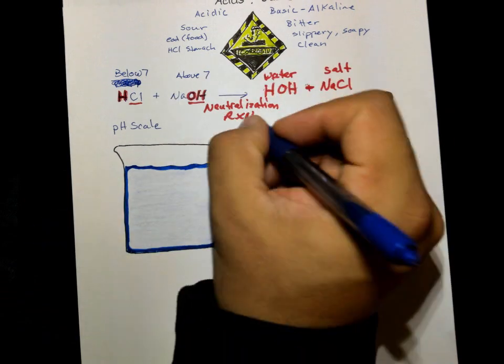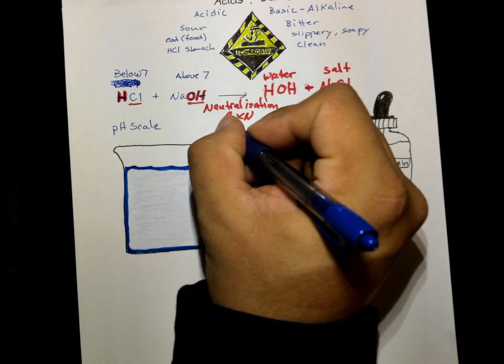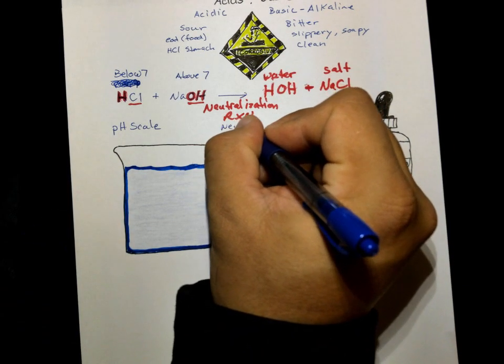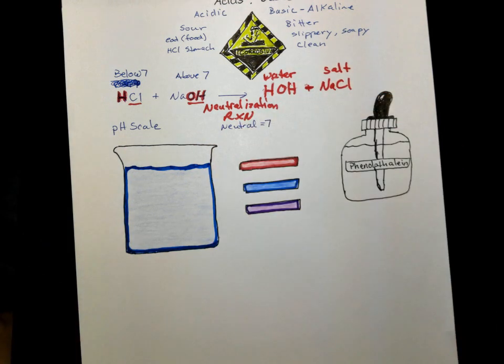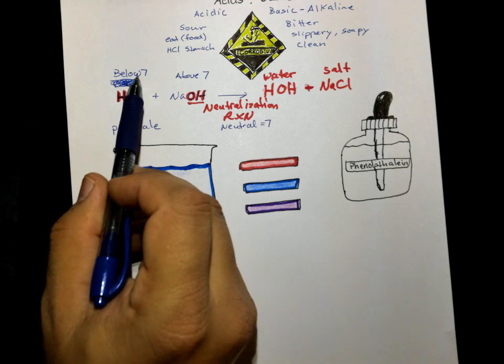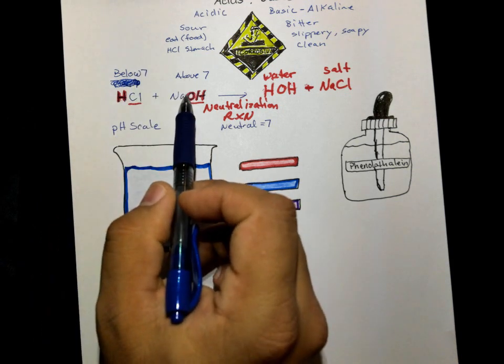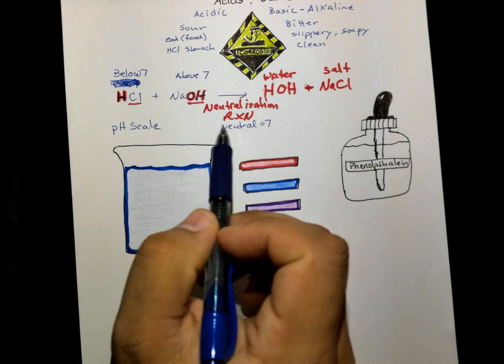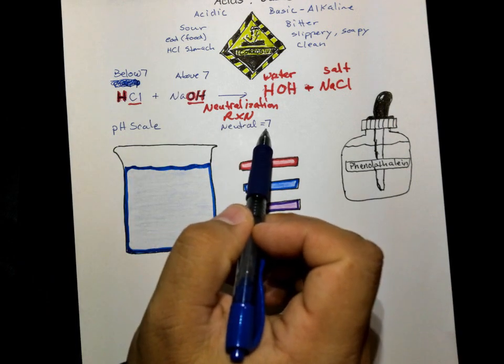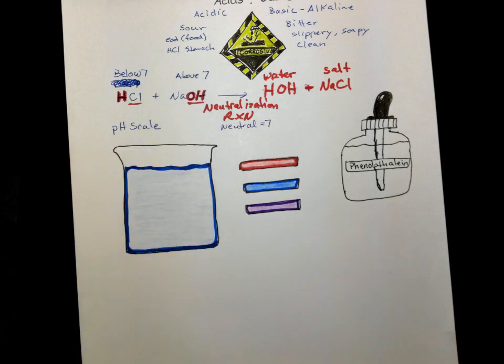When it's neutral, neutral has a pH of 7 exactly. Okay? So acids have a pH below 7, bases have a pH above 7, and when it's neutral, because they cancel each other out, we have a pH of 7. And our body maintains a pH of around 7.